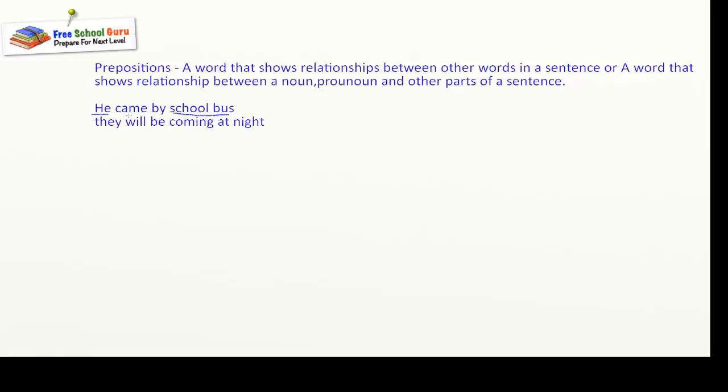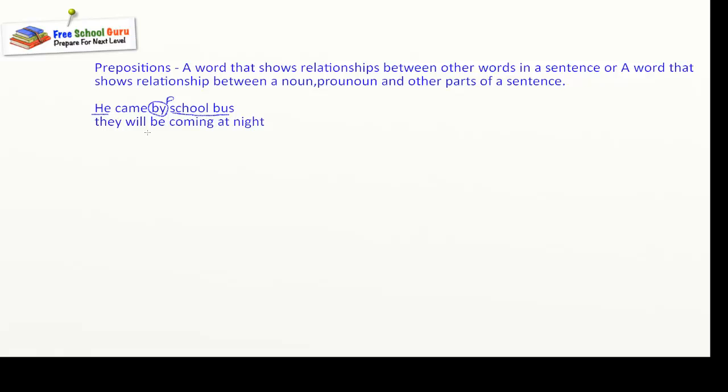We know came is an action, so came is a verb. So he came by school bus. The word which is joining the noun or pronoun and the other part of the sentence is by. So by becomes our preposition. Is that clear?